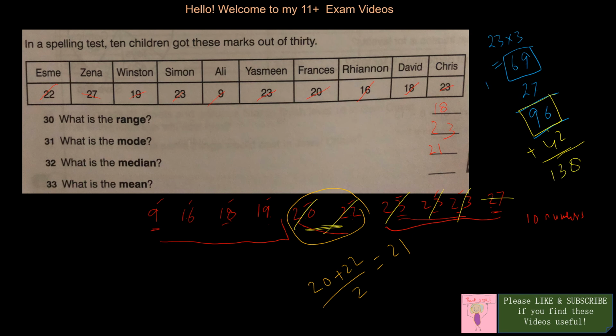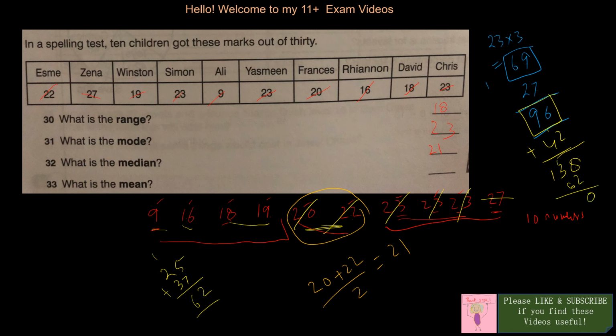Then I have 9 plus 16 is 25. So 25 plus 19 plus 18 is 62. So I have to add this to here.